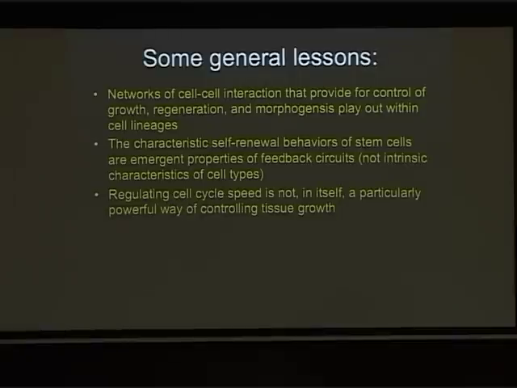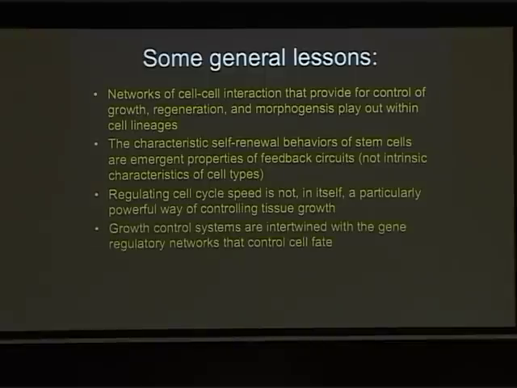You would think that that would be the first place you would regulate if you wanted to regulate growth, is slow or speed up the cell cycle. But it turns out because growth is an exponential process, regulating these transitions from one lineage stage to another is a much more powerful way of controlling things and is the only way to get at perfect robustness or integral control.